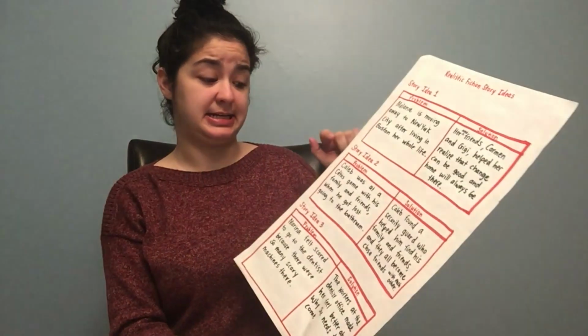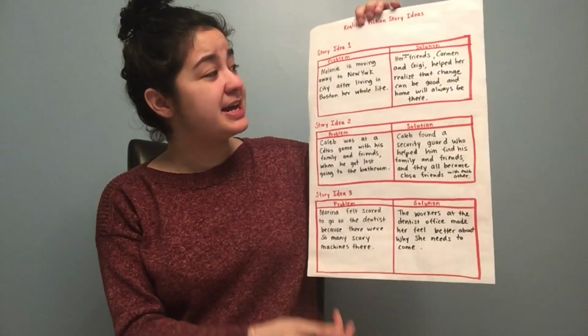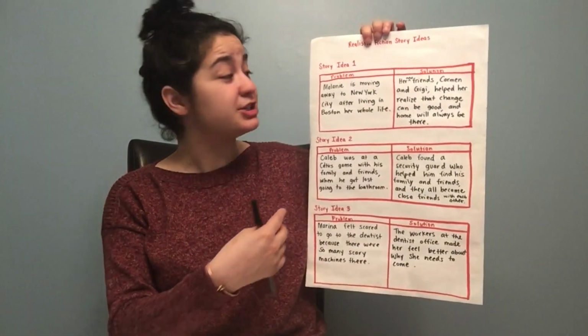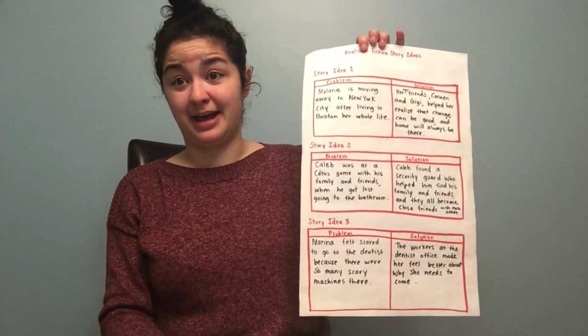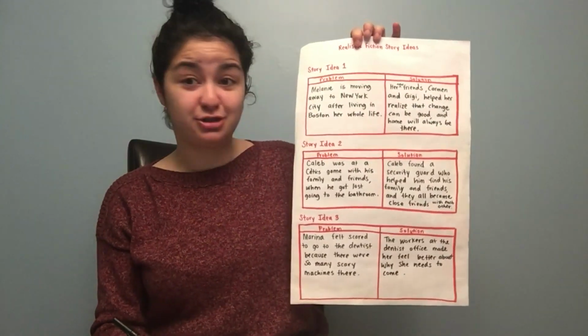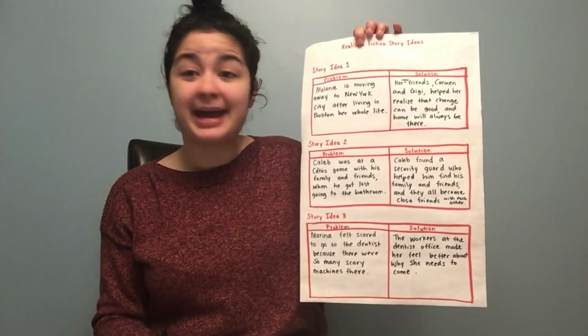So I think I'm going to go with story number 1. That's my choice. You're making your own choice. You could have picked idea number 2 or idea number 3 from your sheet. Now the reason I'm picking number 1 is because Miss Andrews can actually relate to this problem and solution because I moved a lot in my life, both in Massachusetts and even out of Massachusetts to Brazil, and back.